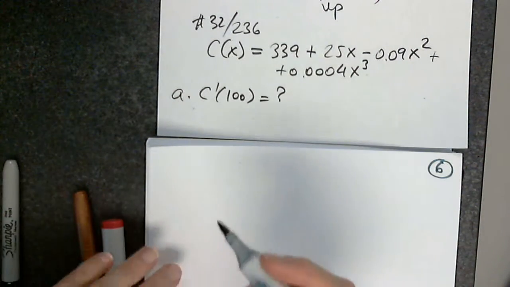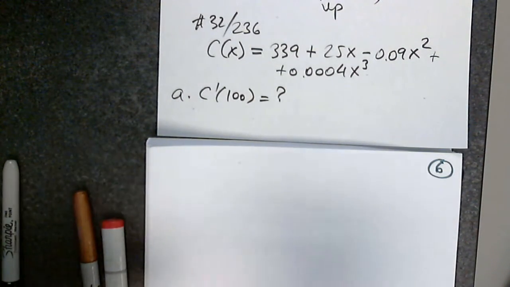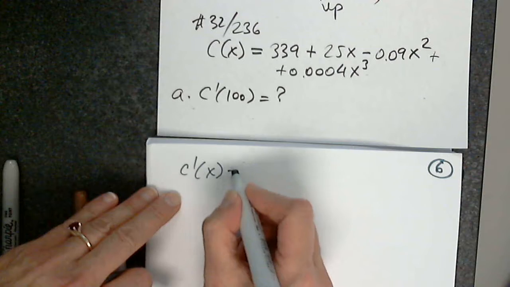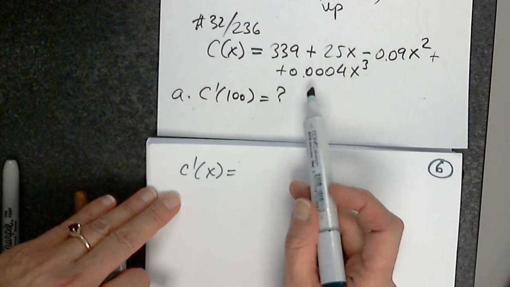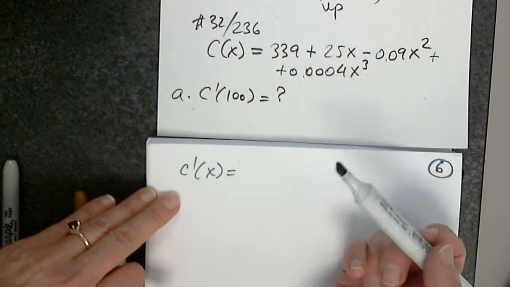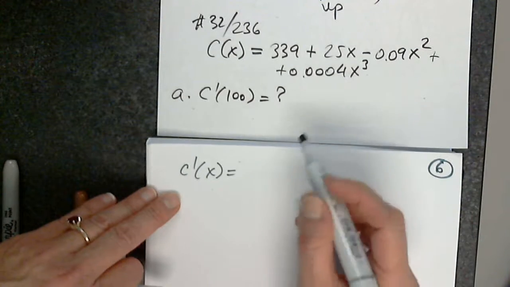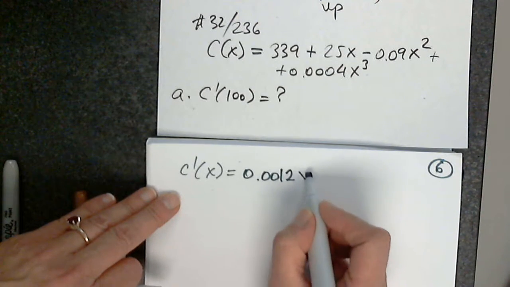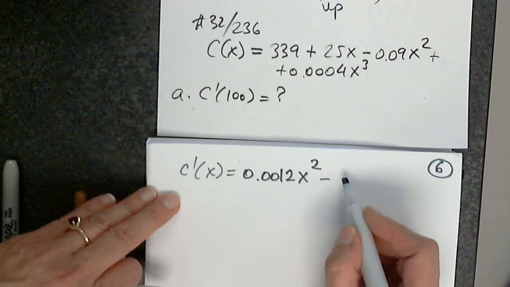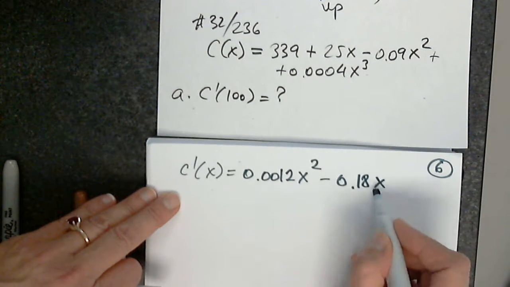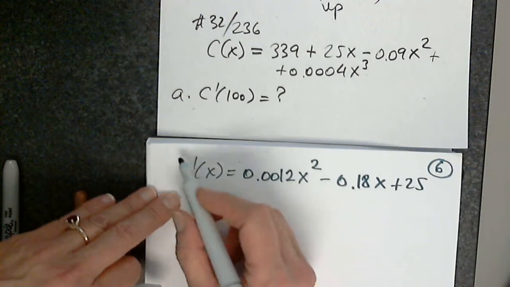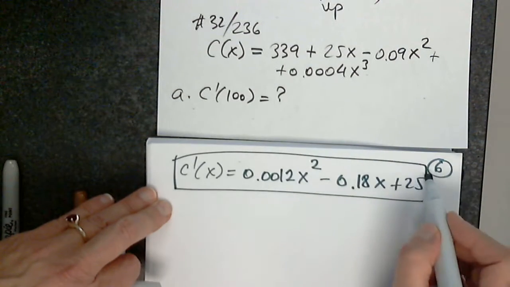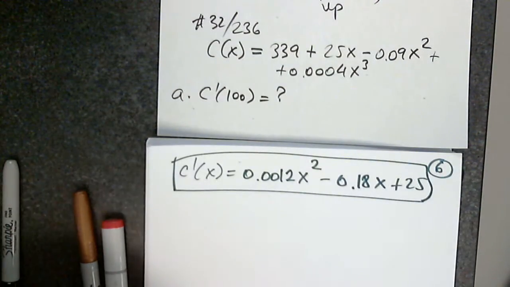So you started in descending order. That's fine. 0.0012 X squared, I agree, minus 0.18X plus 25. Do we agree with this? Good.